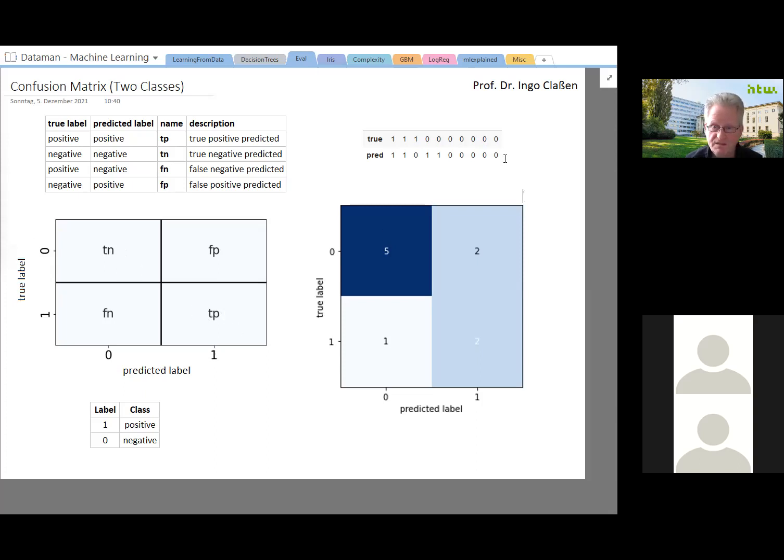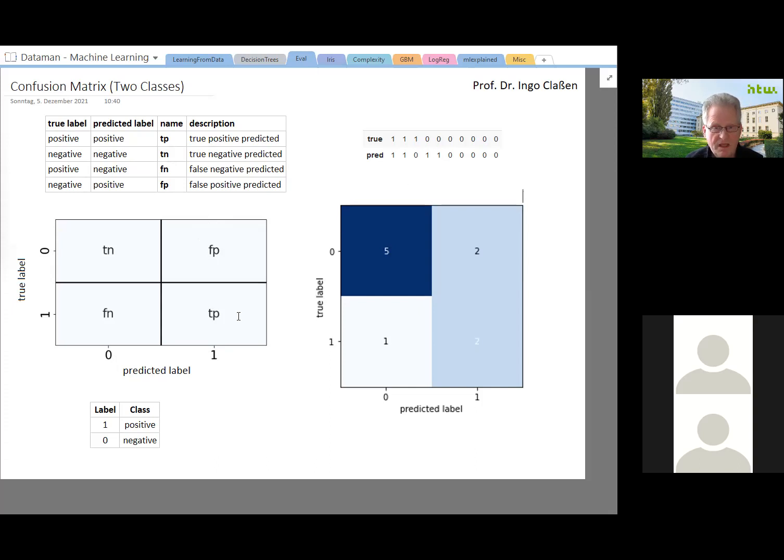But then we have our errors. For example, we have predicted a 0, but it was a 1. That's called a false negative. And then we have something that we have predicted as a 1, but the true label was a 0. So this was a false positive, and the false positives are these two, as you remember.